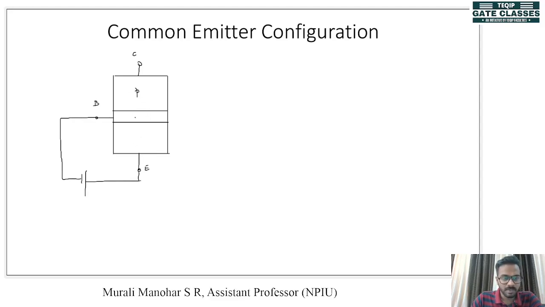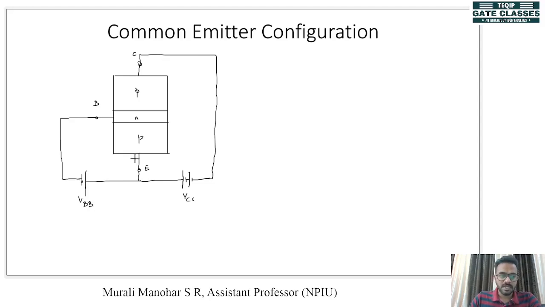Since this is PNP, we need to give forward bias at emitter base junction and reverse bias at collector base junction, for active region, that you know. So this is called VBB and this is called VCC.